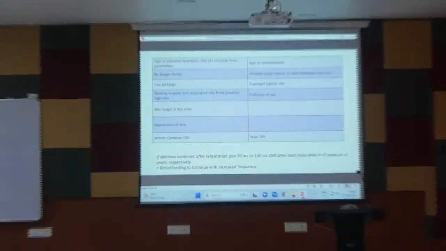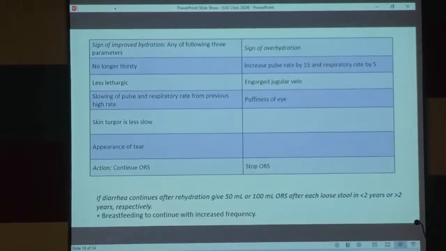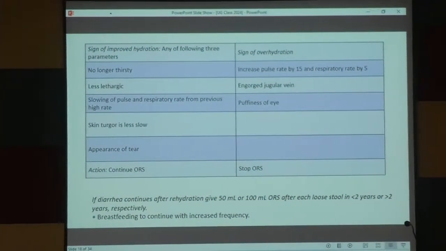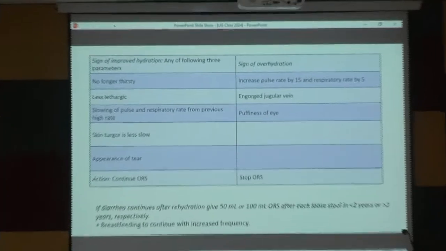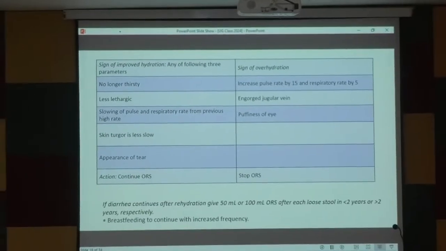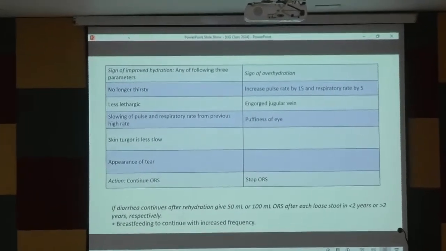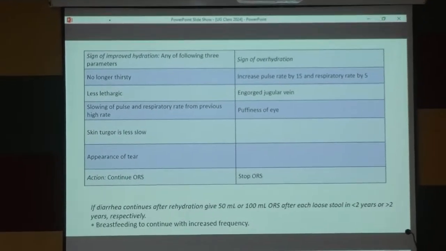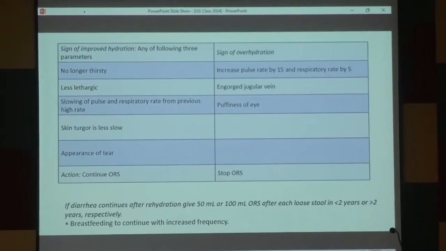Everywhere it is written that increase in the pulse rate by 15 or increase in respiratory rate by 5, and in addition to that, you will get other things, the puffiness of the eyes. Previously, during our time, we know that basal crepitations in the lungs was the earliest sign of overhydration.